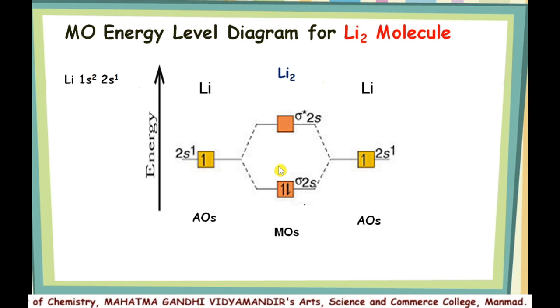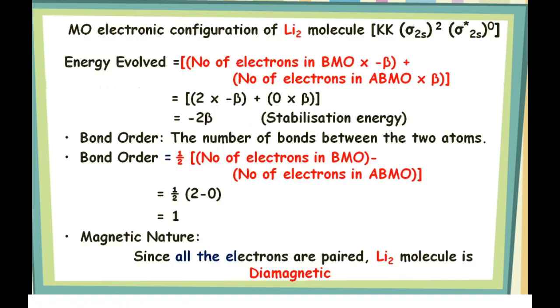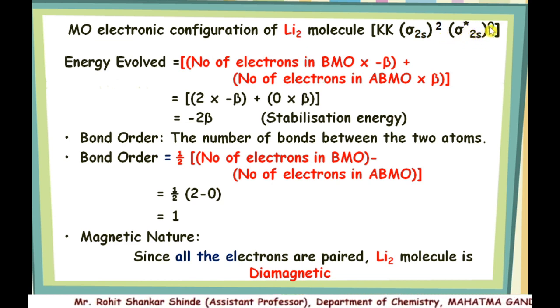The remaining two electrons occupy the sigma 2s molecular orbital. So the molecular orbital electronic configuration of the Li2 molecule is written as KK sigma 2s2 sigma star 2s0. It is not necessary to write sigma star 2s0 as it doesn't contain any electron.